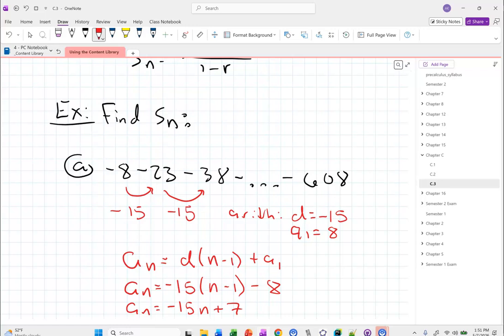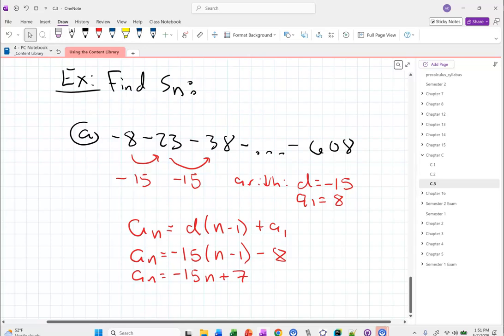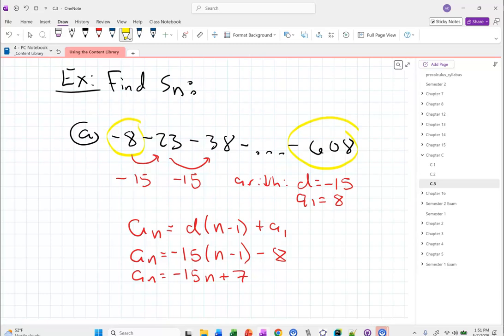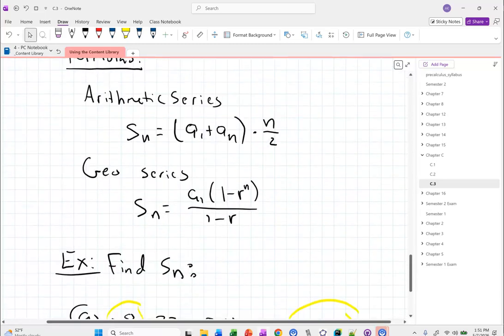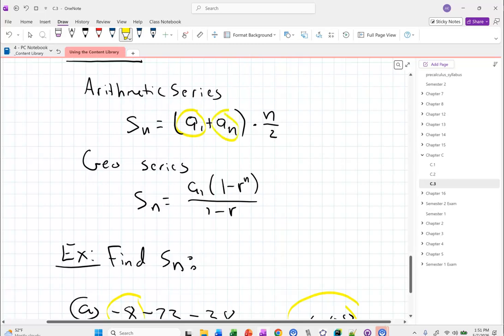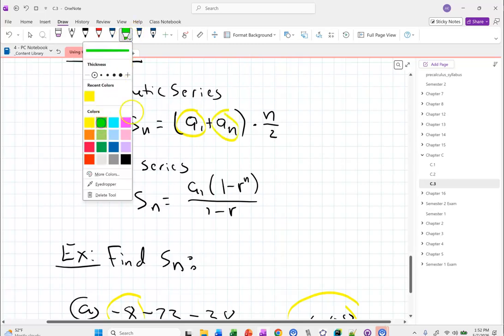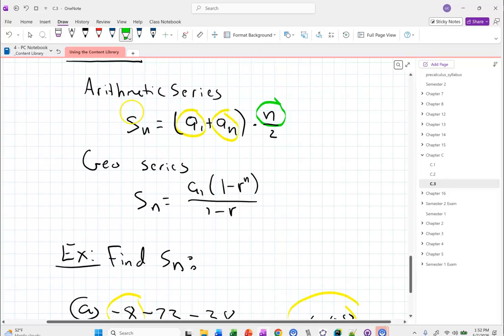Everybody's okay there? Now, what do I really need this explicit formula for, Mr. Kulik? I have the first term and I have the last term, right? So in my formula, I have this and I have this.